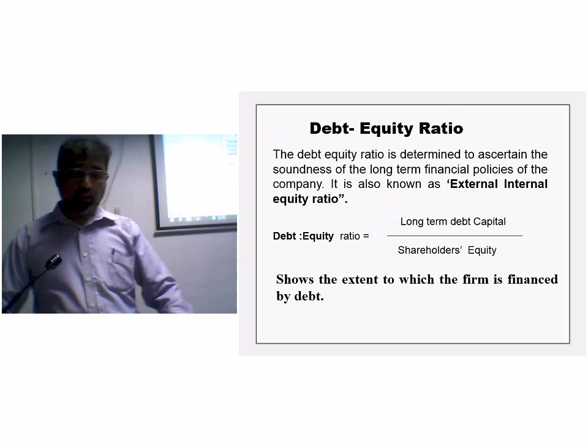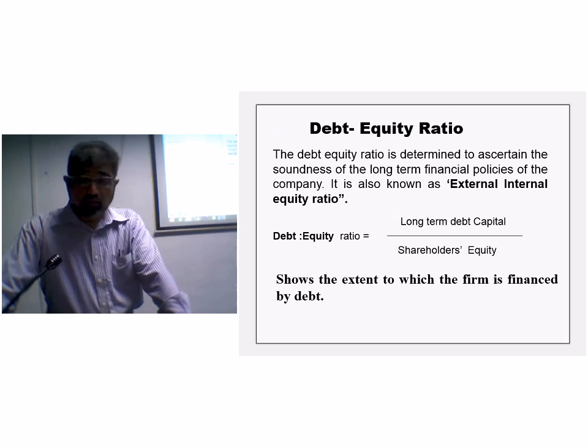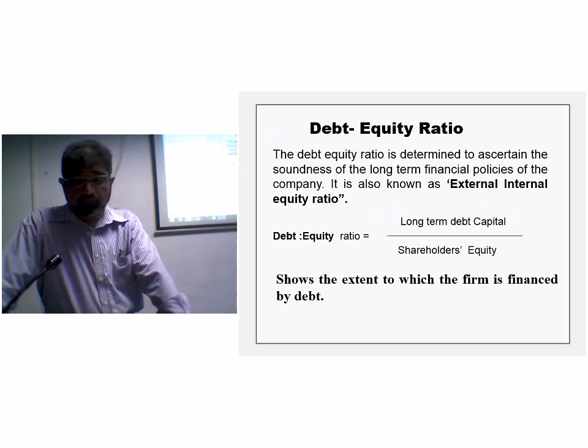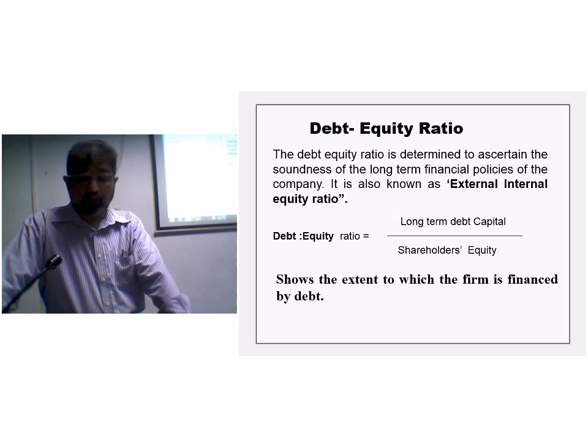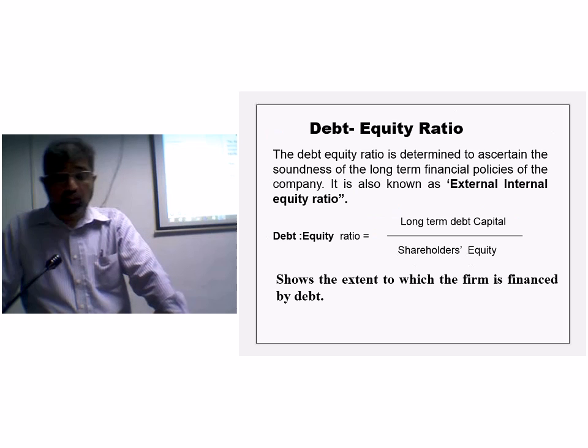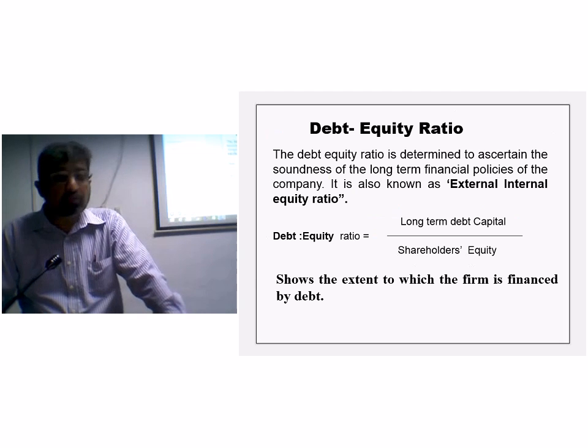Then the next one, which is also a popular one, is the debt equity ratio: long-term debt over shareholders' equity. We compute long-term debt from long-term loans, bank loans, and debentures.